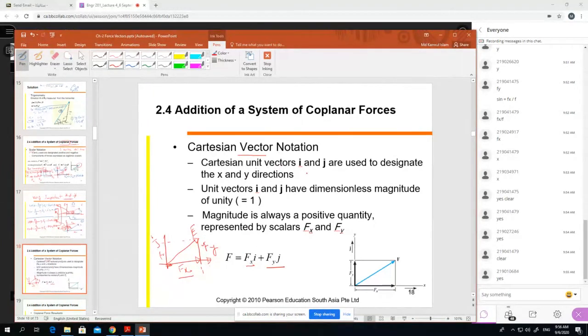You see, the Cartesian vector unit i and j are used to designate x and y direction. So I write down here x and y direction is denoted by i and j. The unit vector value is always 1, and the magnitude is always a positive quantity represented by Fx and Fy. So the force F will be F equal to Fx i plus Fy j. This is the vector notation.